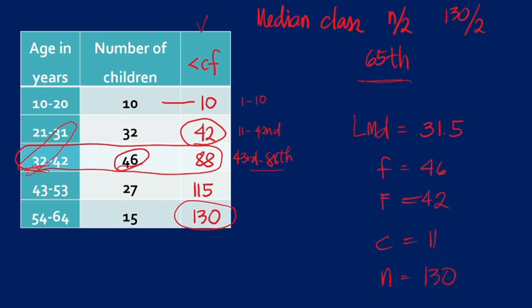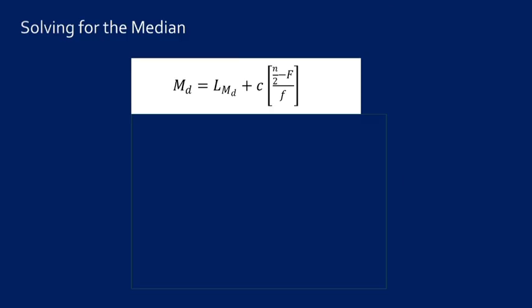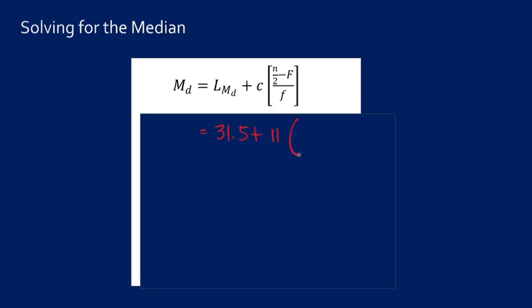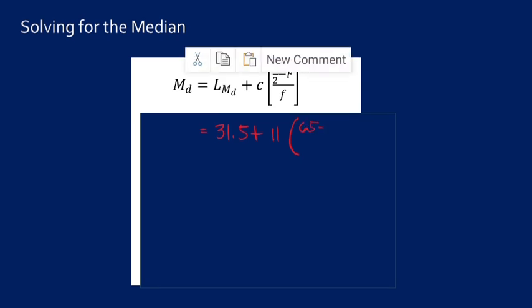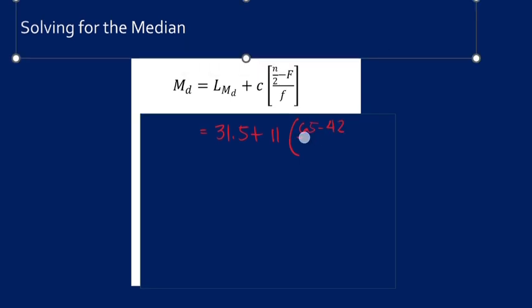So using all these values and substituting in the formula, we have the median is equal to 31.5 plus 11, and then we have n over 2, which is 65, minus 42, over 46.